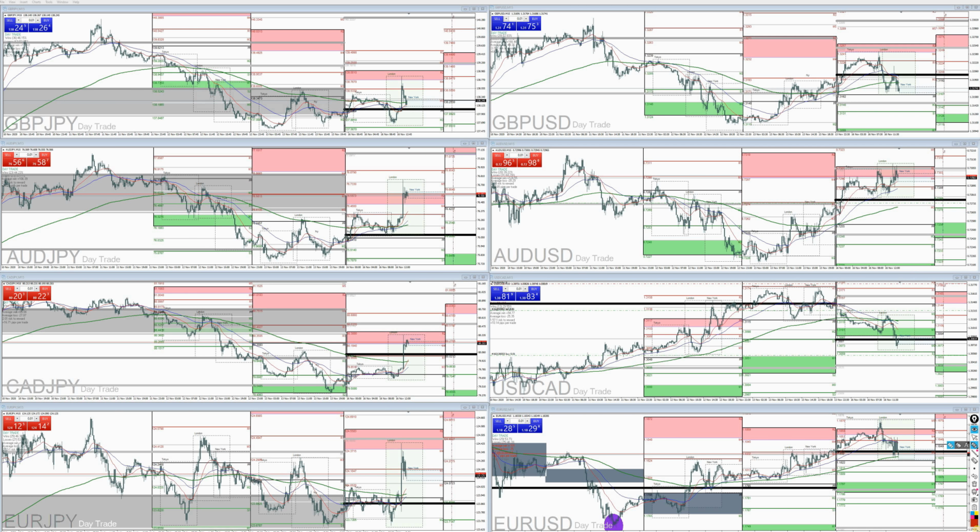Nothing for the Australian. The Canadian, if it comes up through the central pivot, then maybe a trade for tomorrow. If not, this is my M2 down here. Euro, this is my central pivot right here. It looks like if we come all the way down, this is my M2 right here. Now, my euro yen. Okay, we'll go back to this one because I have to pull the chart down. Let's go ahead and do all those right now. Okay, there's that one. There's that one.